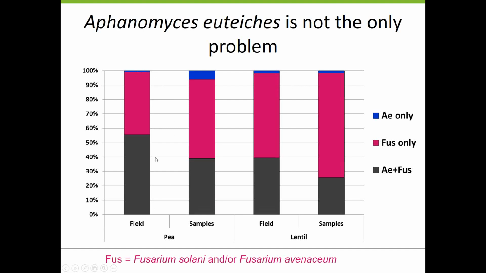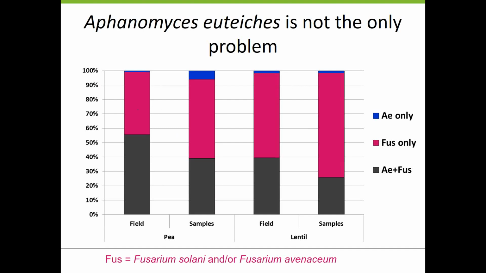And what we can see is that Aphanomyces almost always occurs with Fusarium, but Fusarium doesn't always occur with Aphanomyces. So we're really dealing with 2 root rot issues, one being Aphanomyces root rot with Fusarium, and then the other being Fusarium root rot on its own.